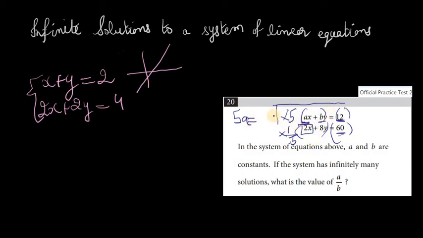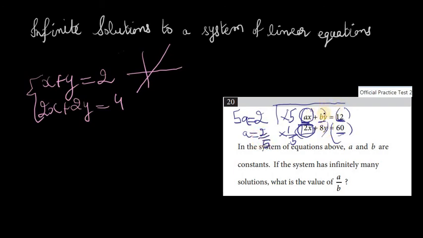And now you just have to compare the coefficients. This is the x term here and the x term here. When you multiply this term by 5, it becomes equal to this term, so 5a would be equal to 2, and our a would be 2 over 5.